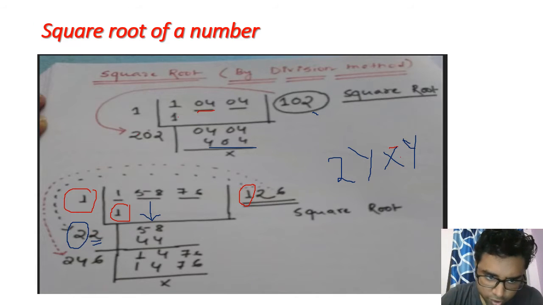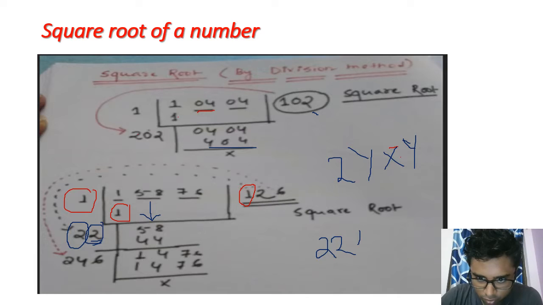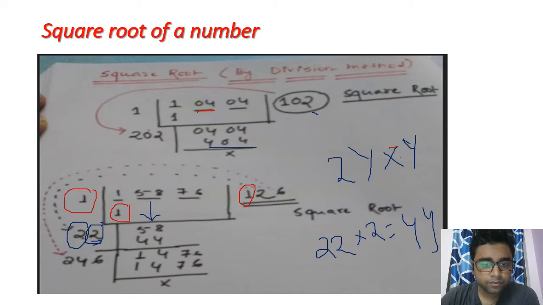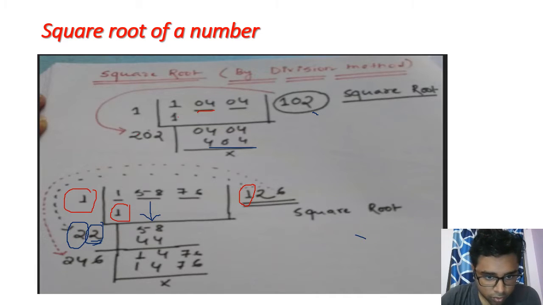So here what should be the number? That number should be 2. So we get 22 cross 2 equals 44. Okay, so we write 44 here, and as we are placing 2, we are putting 2 here. Okay, we're getting 2.